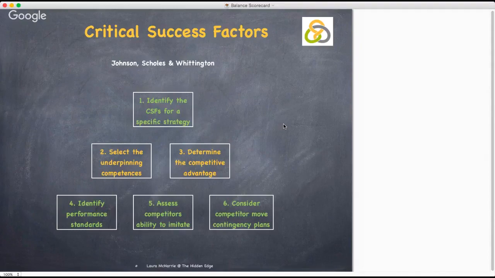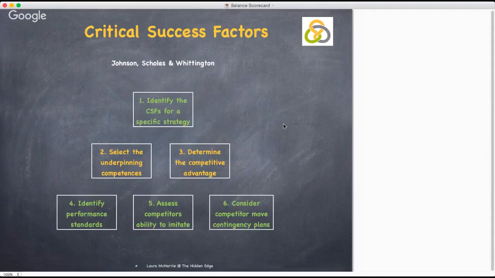Step 1, identify the key success factors for a specific strategy. Step 2, identify the skills and resources that are needed to deliver the critical success factors. Step 3, ensure that the business has sufficient competence and resources to give it a competitive advantage.